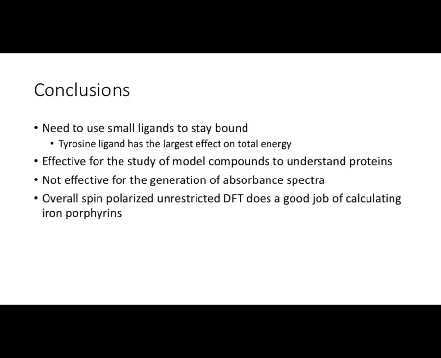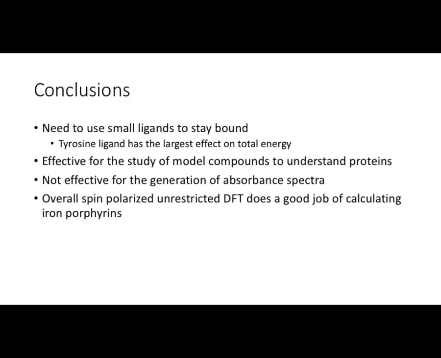So it seems to be a fairly effective way. There's a whole bunch of papers out there on DFT with these porphyrin rings where they look at different ligands and different substituents, and they have used it to draw correlations to proteins. It doesn't seem to be very effective for generation of absorbance spectra, but I know I've read several papers where they generated vibrational spectra, and they match fairly nicely with published experimental results.